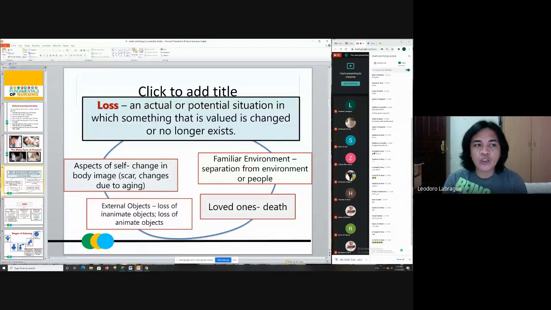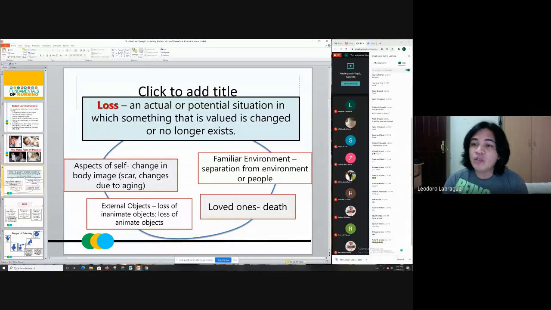And one of the most common important concepts or terms that you need to learn and understand is the term loss. Okay? Loss is defined as an actual or potential situation in which something that is valued is changed or no longer exists.